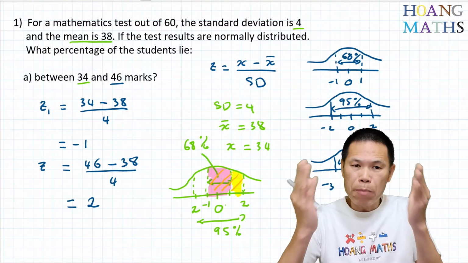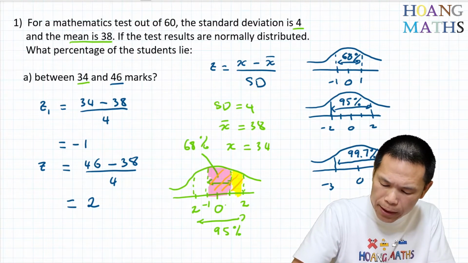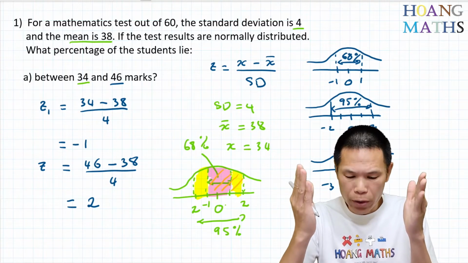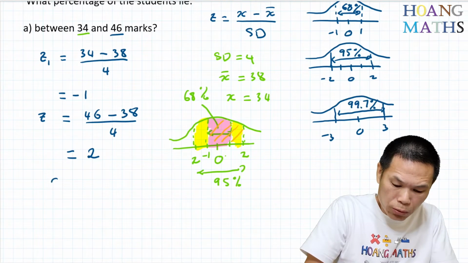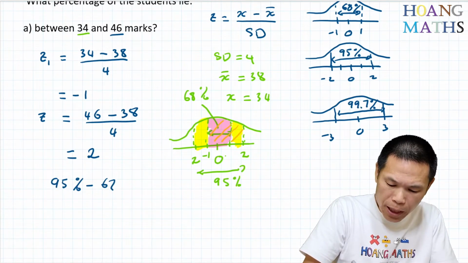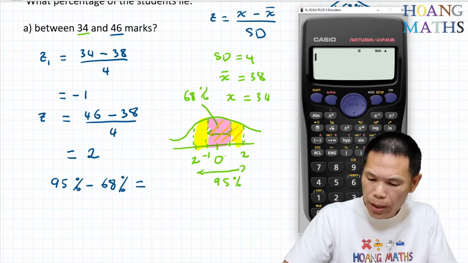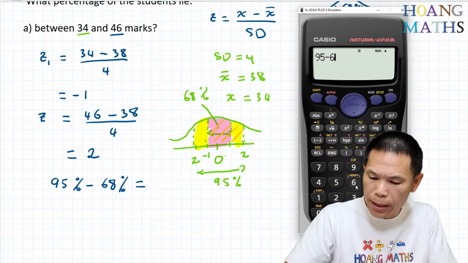And because it is symmetrical, I can work it out by 95% minus 68% will give me the yellow area. So I just go 95 minus 68.